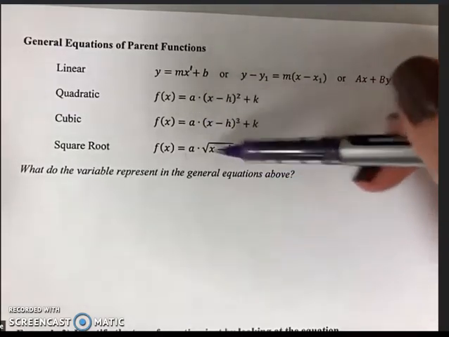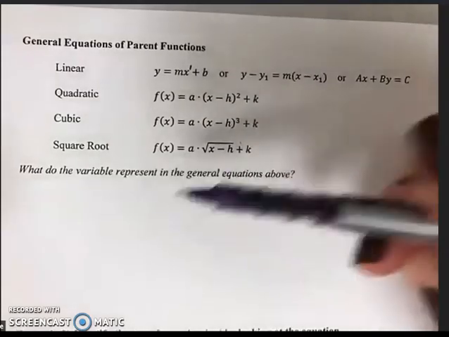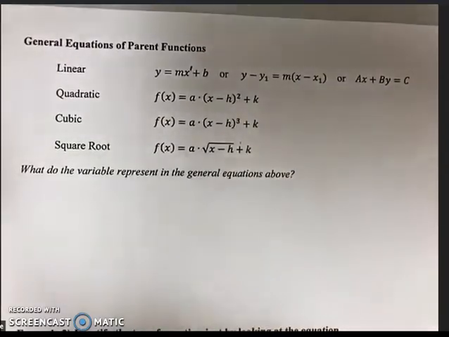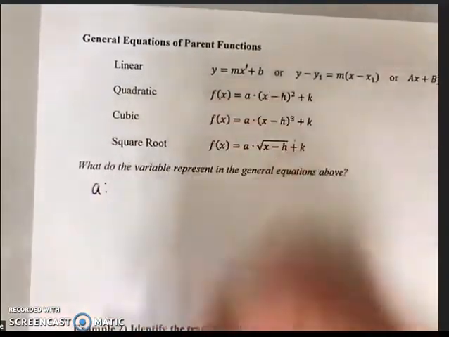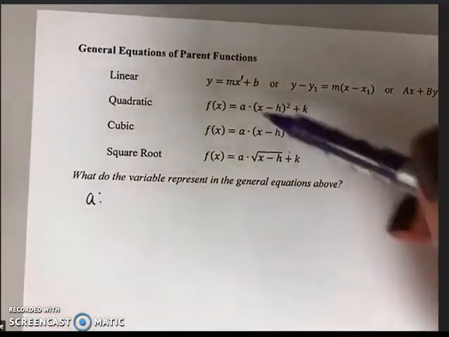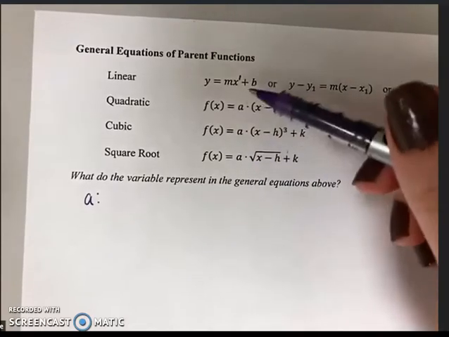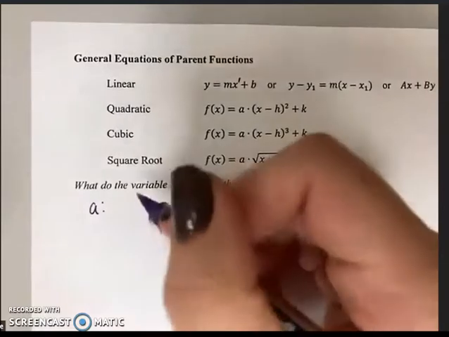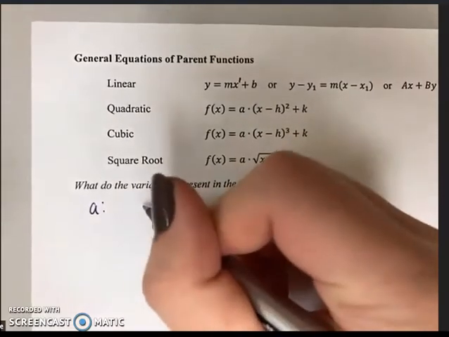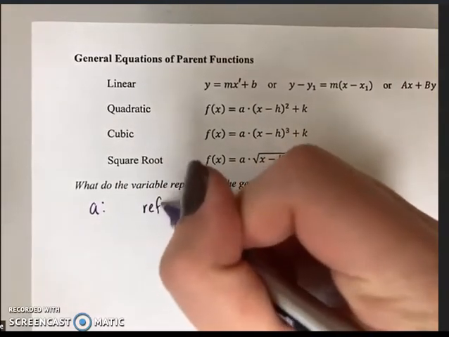Again, hopefully you're making observations on the last few examples that we've been looking at. I want to start off talking about a. So a is that number out front. It can tell us a couple of different things about the equations. First off, it can tell us if there is a reflection.